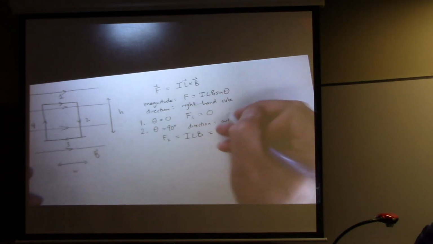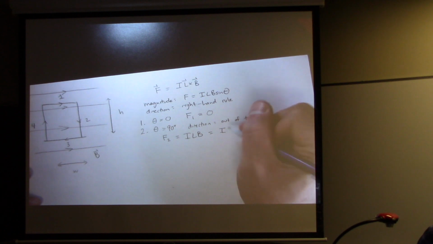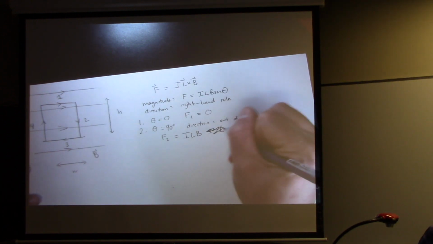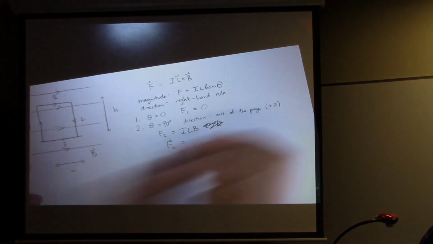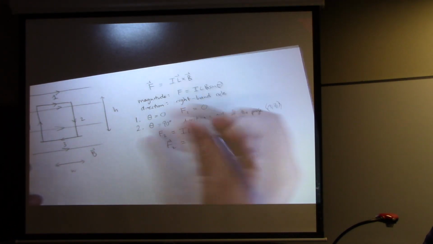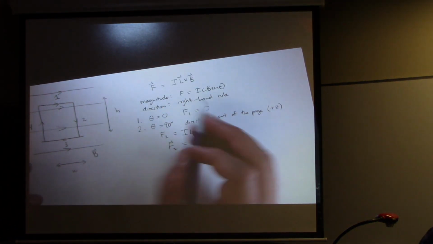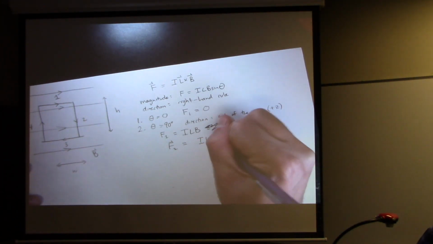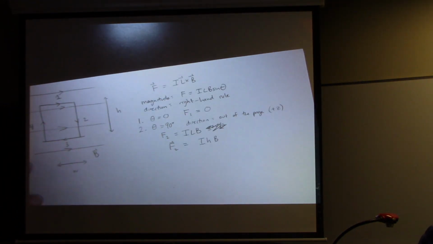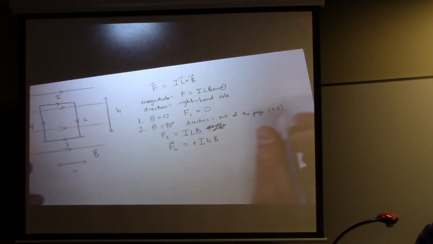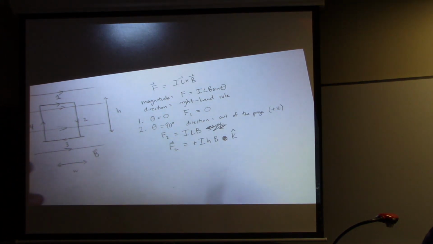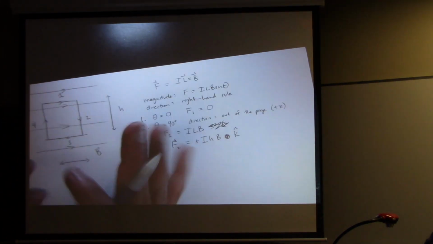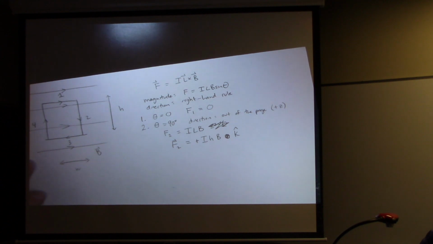The current, that's I. The length of the wire here, that's what we're calling h. And then the strength of the B field, we're just calling that B. And it's in the positive z direction, so I can write this as positive I h B k hat as a vector. That's the force acting on wire number 2.